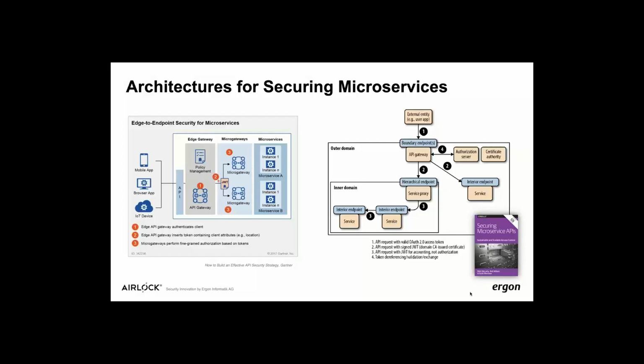Here a JSON Web Token. They can be attached to requests going towards inner domains and services. And there again, you will have a hierarchical endpoint, and you could easily translate that role into the microgateway role as depicted in the Gartner picture.